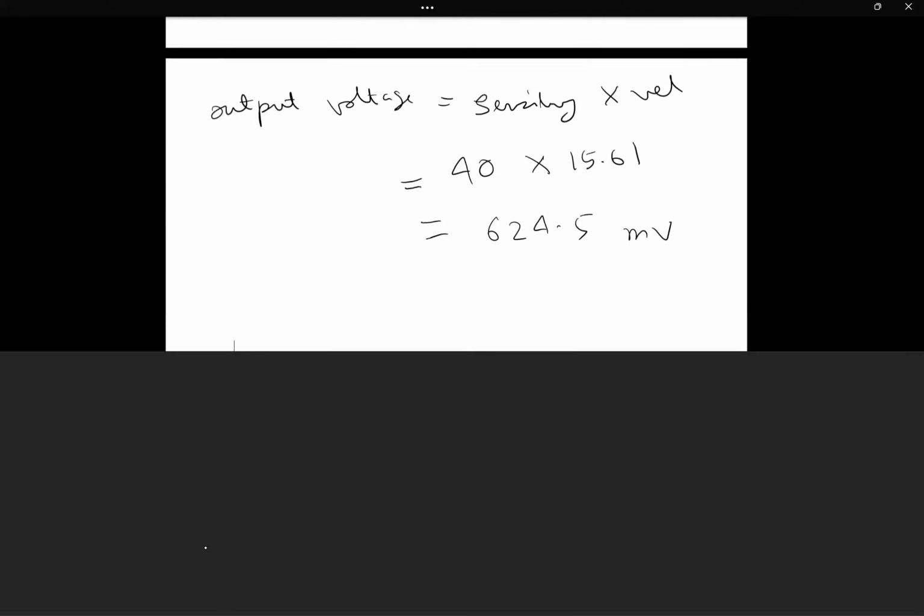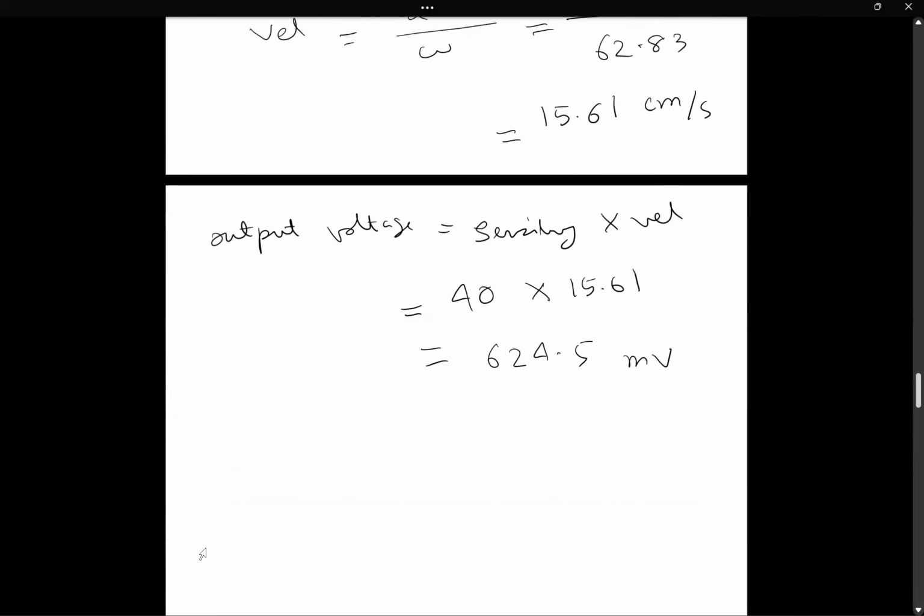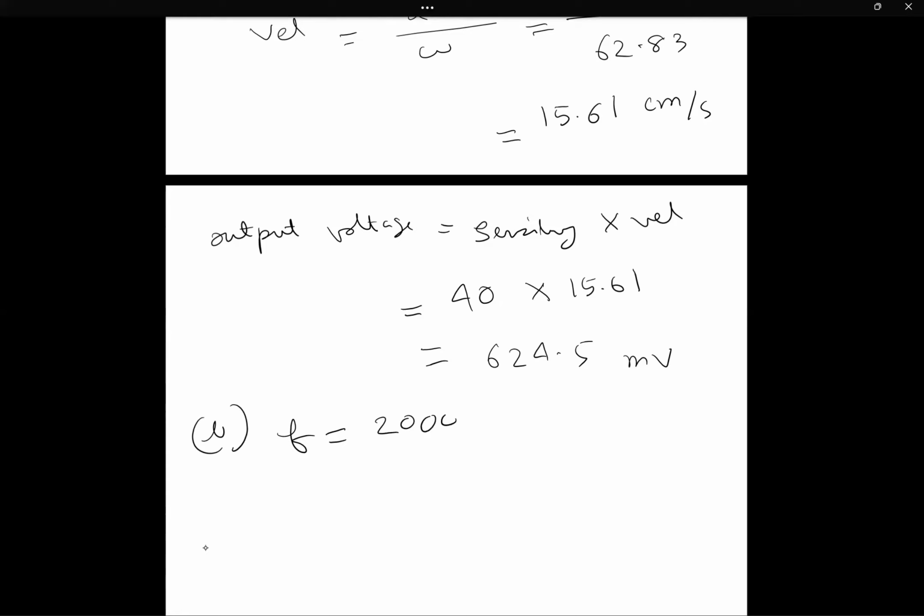Now for part B, it will be the same procedure, and we're going to find it for 2000 Hz. So let's do it. F is equal to 2000 CPS or 2000 Hz.